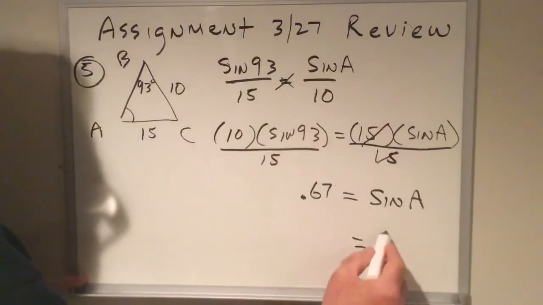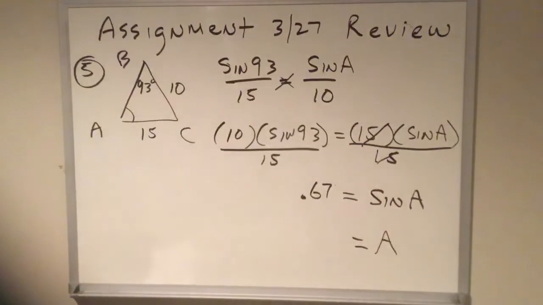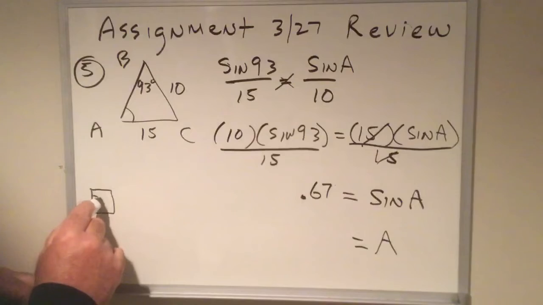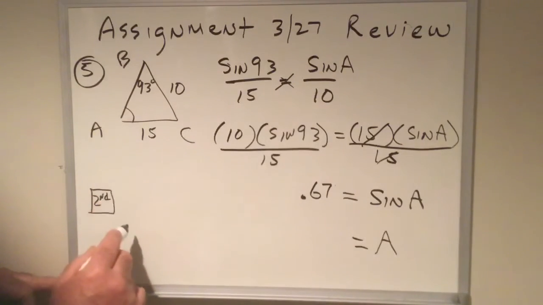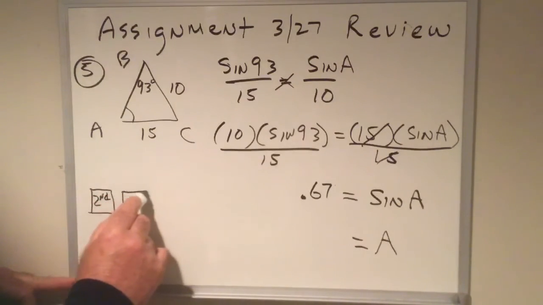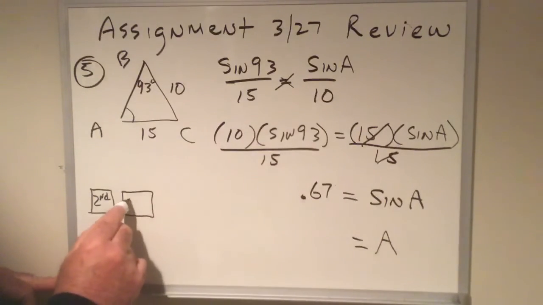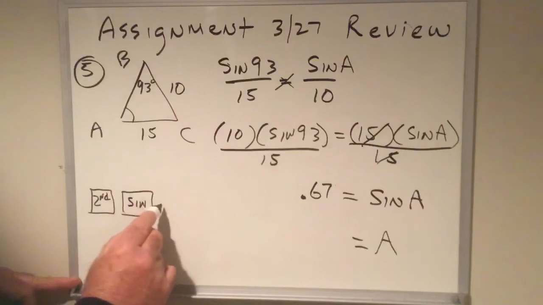But we're not looking for the sine of A, we're looking for the measure of angle A. And when you're looking for the measure of an angle, we've done this, I've written it on this board a number of times now. You hit the second button first. Then you hit, what are you using? Sine, cos, or tan? Sine is involved in this problem.